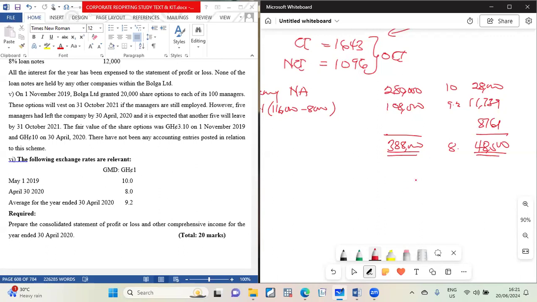All right. So the attribution too will happen. So it is 60 and 40. So if I multiply by 0.6 for the CI, I get 5,257 here. It doesn't matter the method that is used. So if I do that and I take it away from 8,761, I have the NCI.